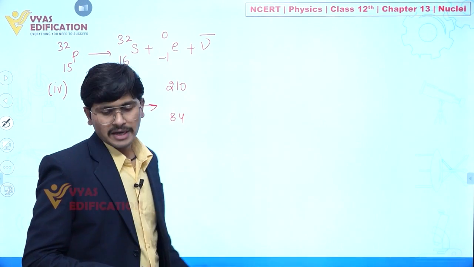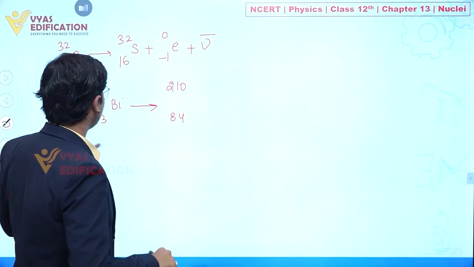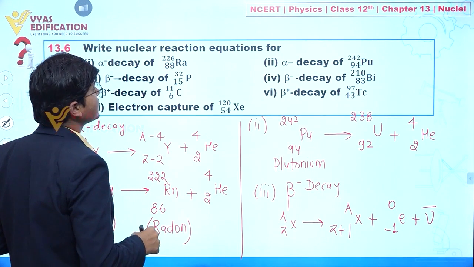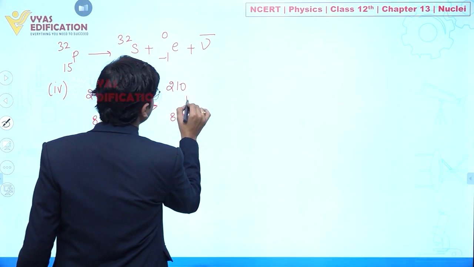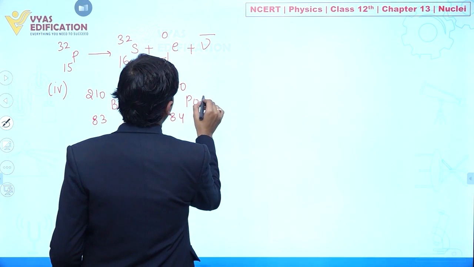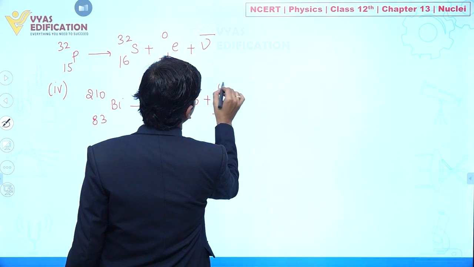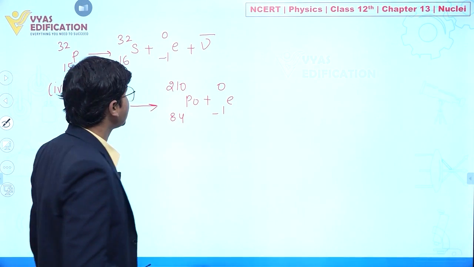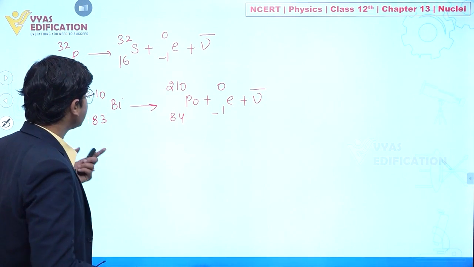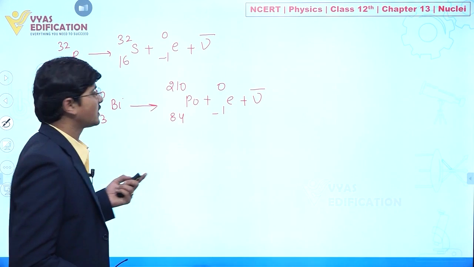So 84 is the element polonium, that is Po. Clear. This is for polonium, and one electron is released, that is the beta minus particle, and plus we have antineutrino. Clear to everyone? So like this you can write a nuclear equation.